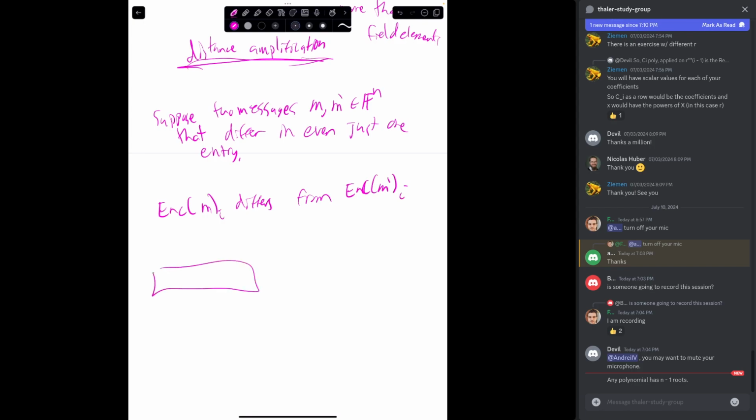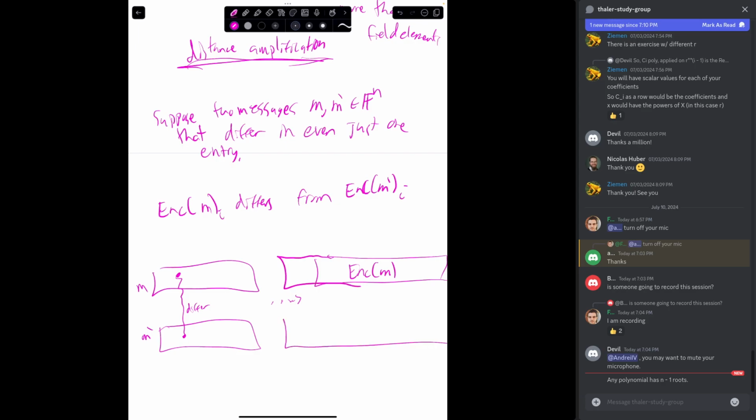So you take two messages, and maybe they're the same message except for one spot. Maybe this is the only spot where they differ. If you then look at their encodings, which might be a much longer vector than M itself, their encodings should differ almost everywhere.